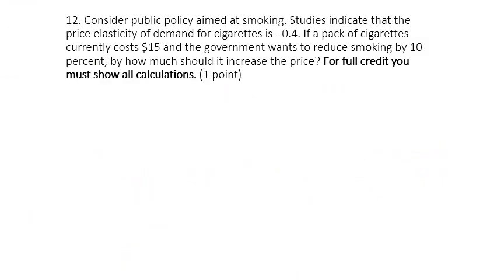All right. So number 12 is a numerical one. Let's extract the goodies here. We're dealing with a cigarette market, and we're told that the price elasticity of demand is negative 0.4.